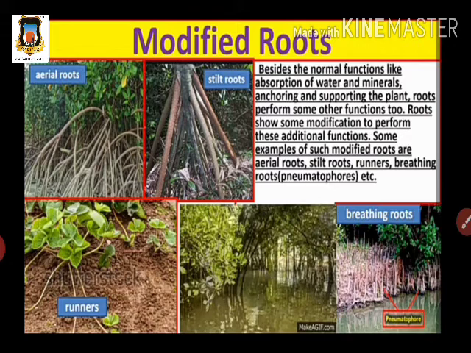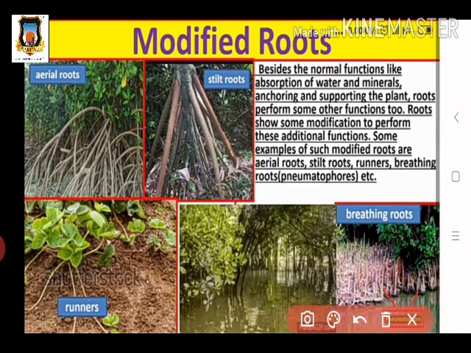Examples of such modified roots are aerial roots, which are present in the air like a stem. Okay, it is called an aerial root. If we see this image you can see all the types of roots. Aerial roots are like this, which are present like a stem in the air.